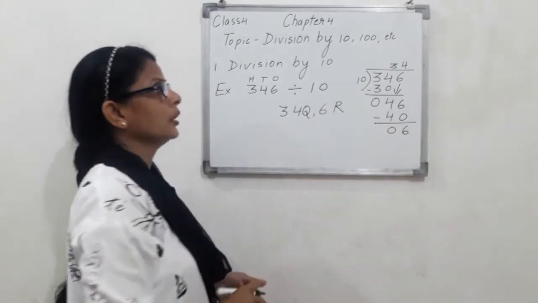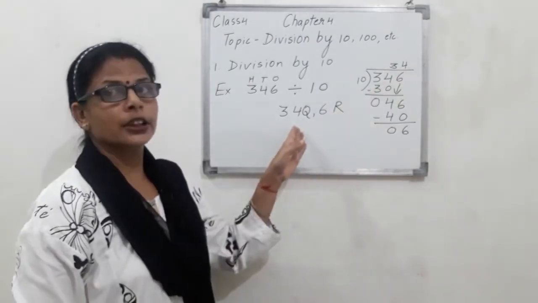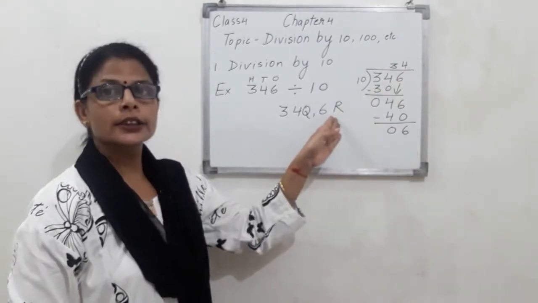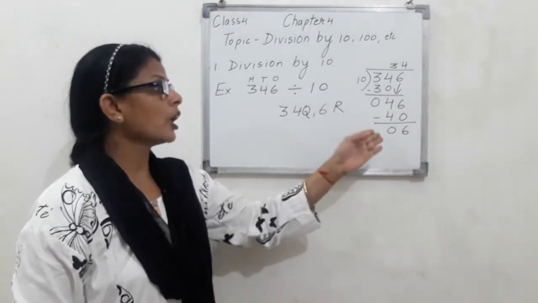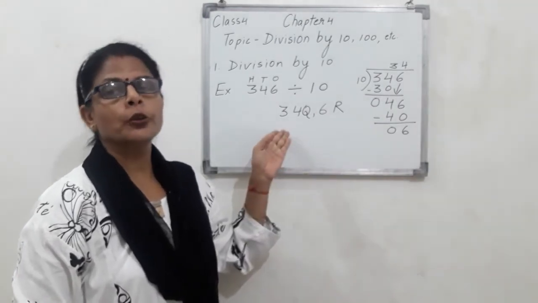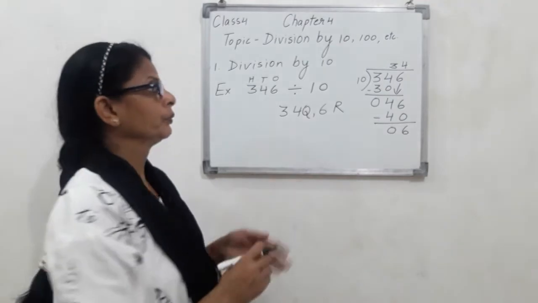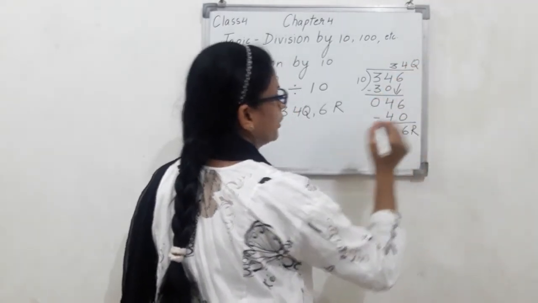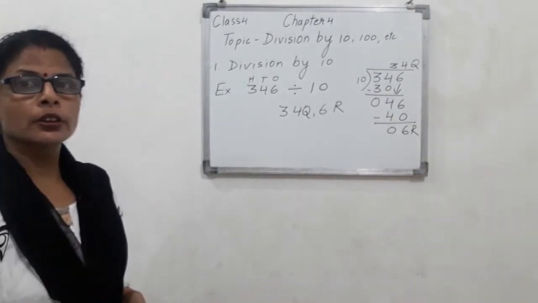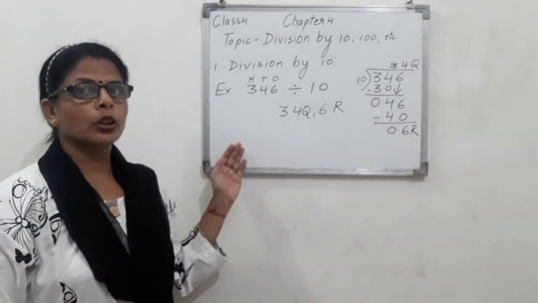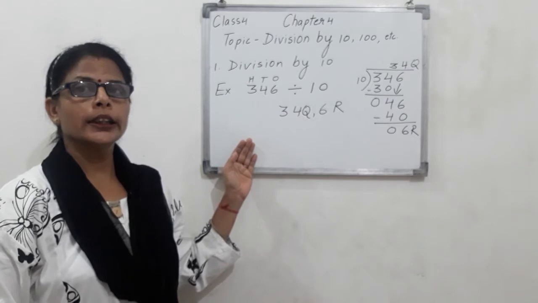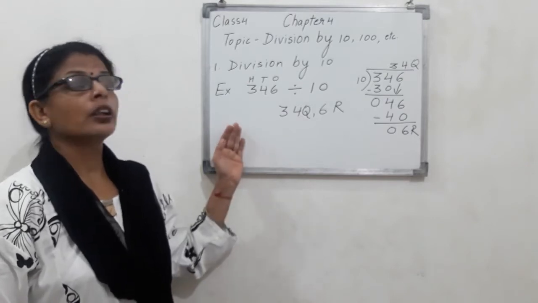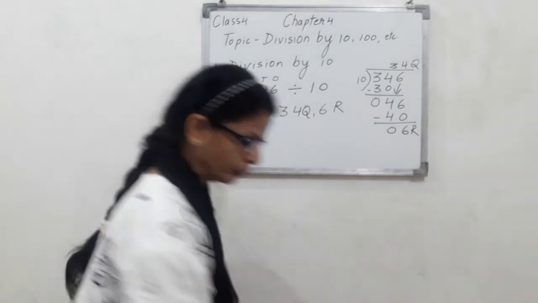So you can see we are getting the quotient as 34 and remainder as 6 only. This means without dividing we can do it in the short method. So this is the quotient and this is the remainder. Clear, students? I hope you all are clear how to divide by 10. Now we'll do division by 100.